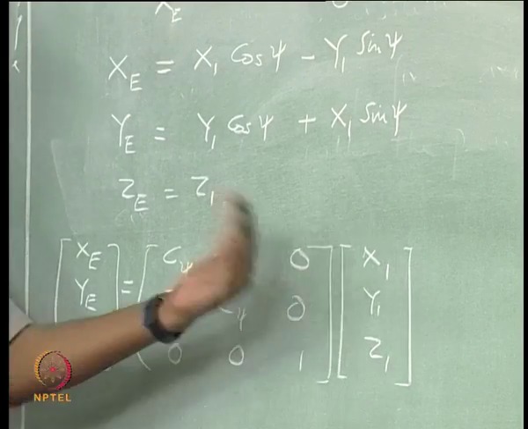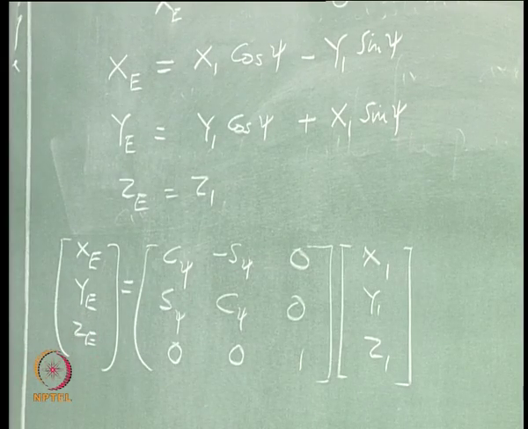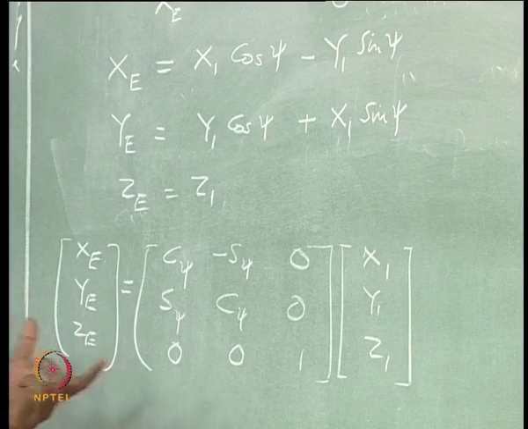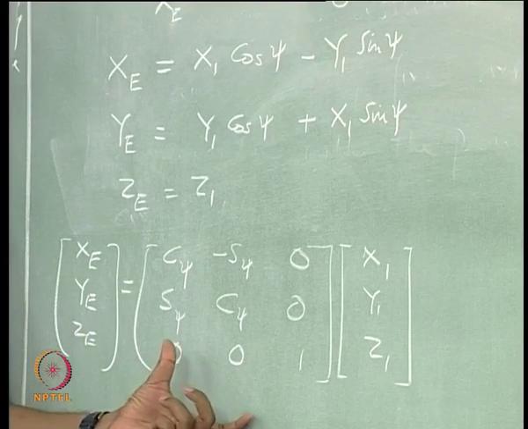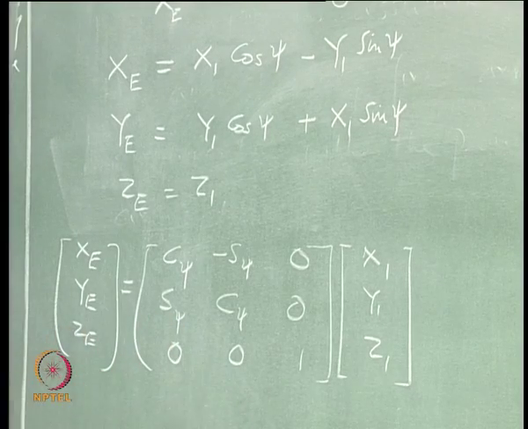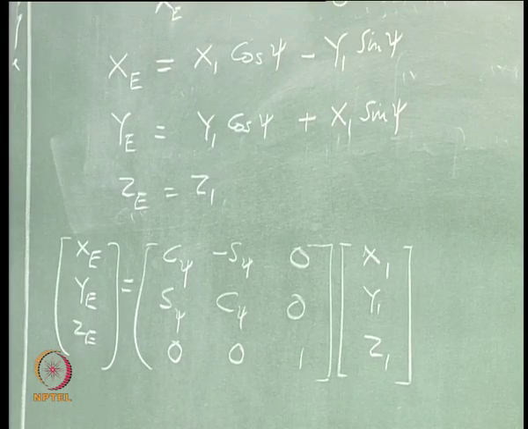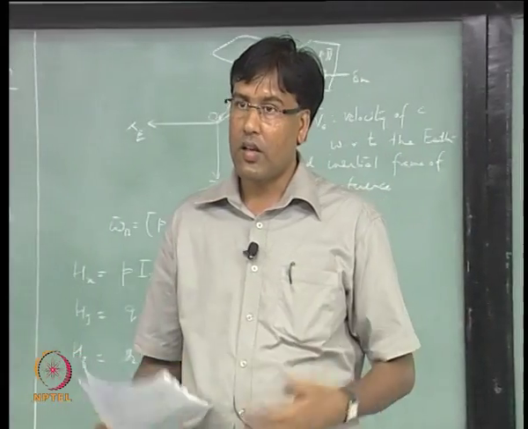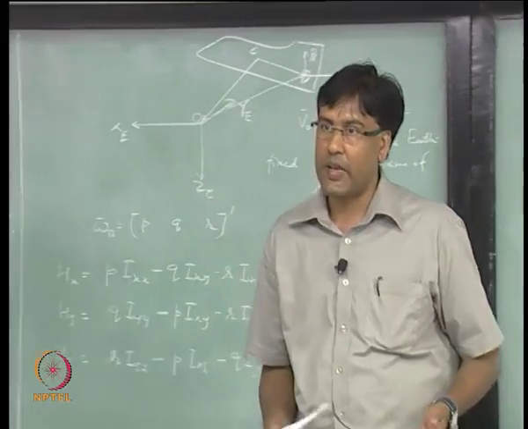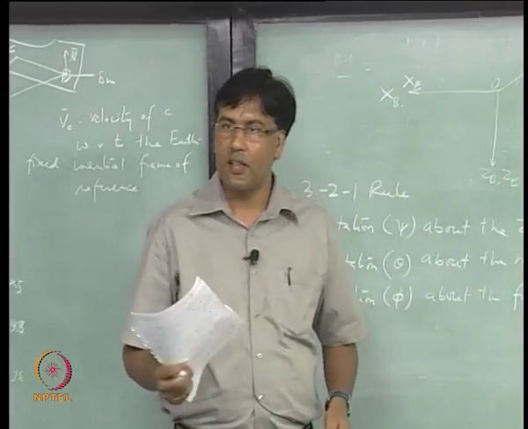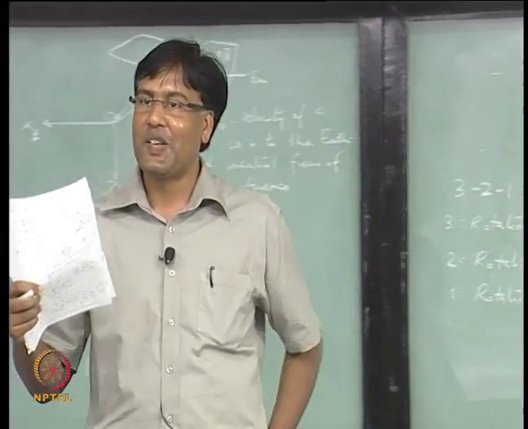And if you want to write it the other way around, then you just have to invert this matrix, and this matrix has a special property. Okay, it is an orthogonal matrix, right.